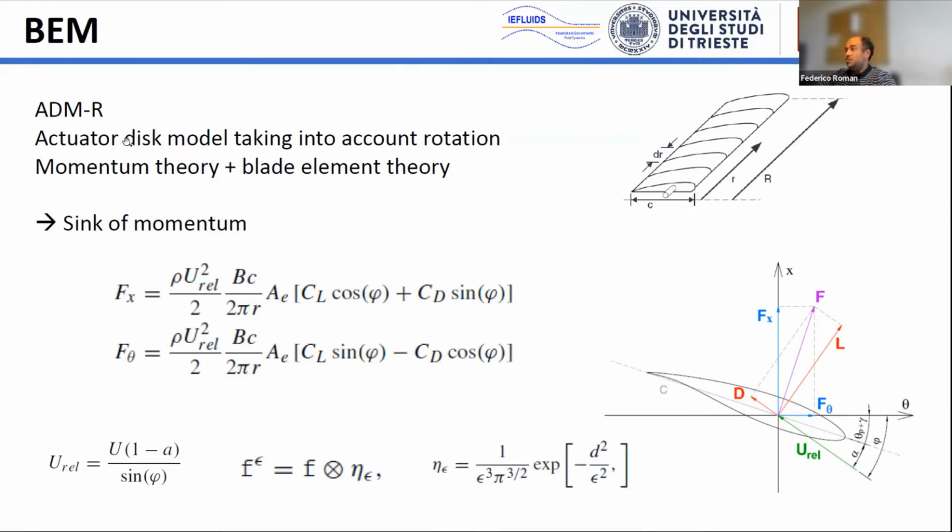So going back to the previous slide, when I showed the Navier-Stokes equation and there was a term B that represents a body force, it means that body force, within the model of the actuator disk, acts as a sink of momentum.